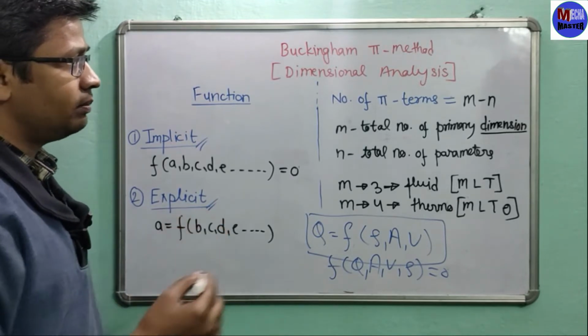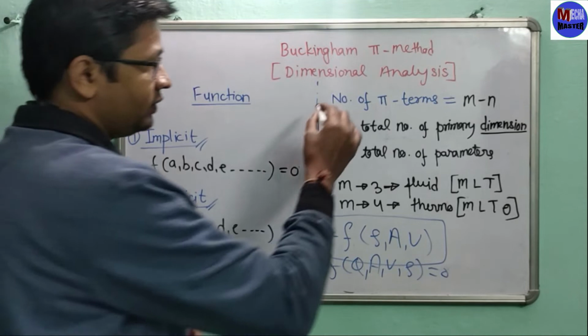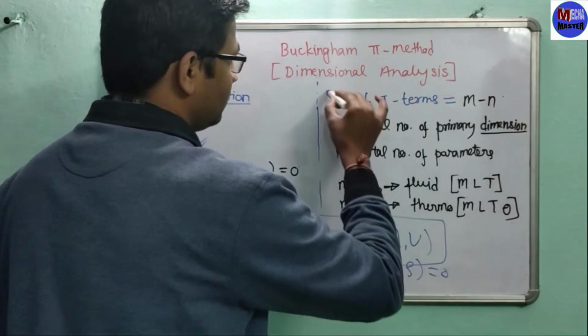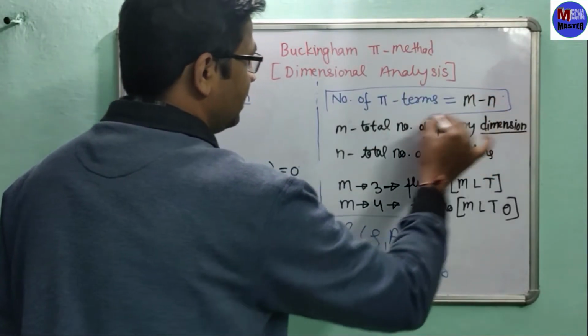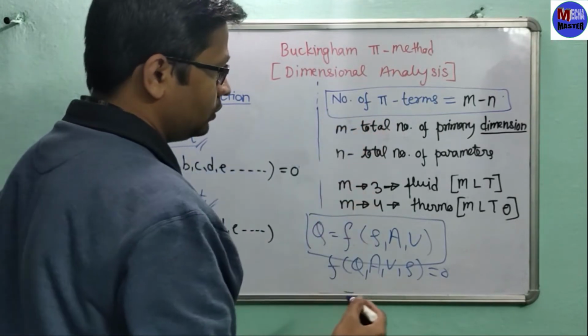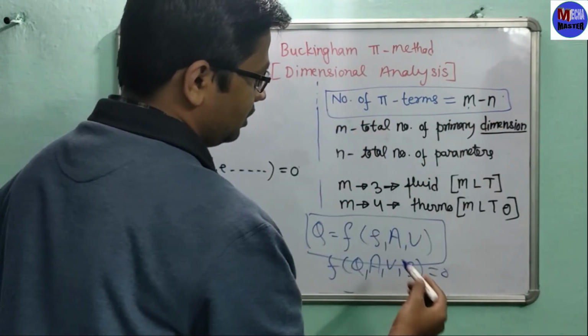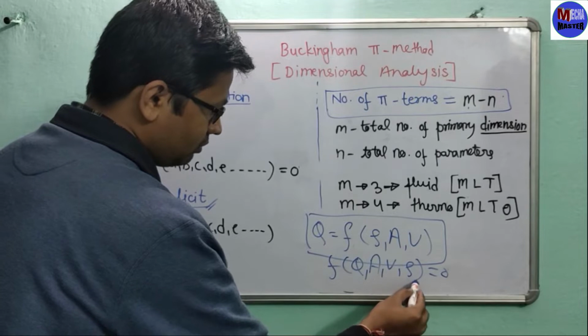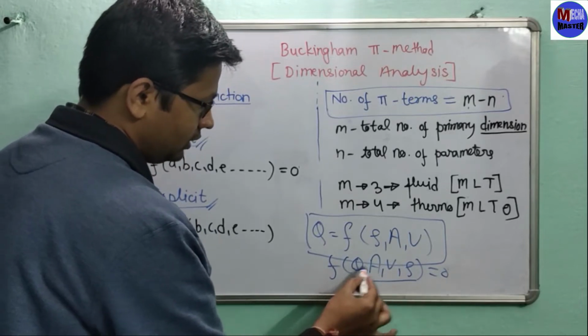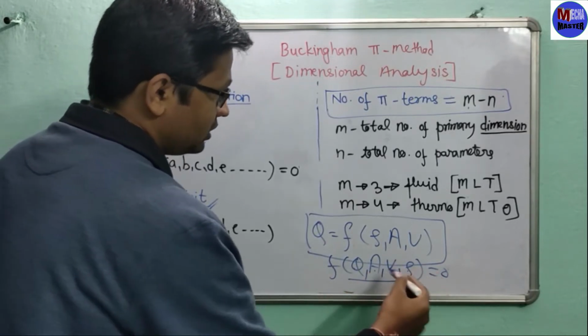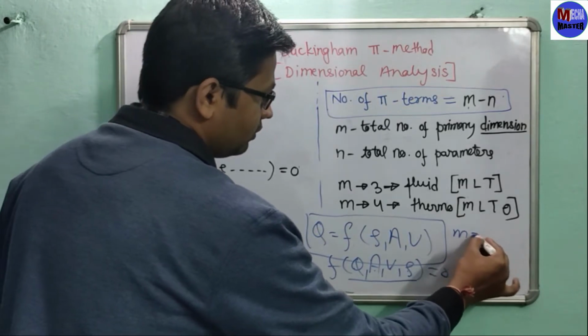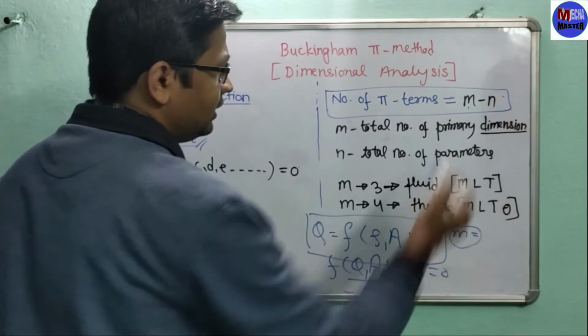Then Buckingham pi theorem said that the total number of pi terms will be m minus n, where I have already told you that m is equal to the total number of variables. Then how many total number of variables are there? 4. 1, 2, 3, 4. These will be m, total number of variables. Then what is n?